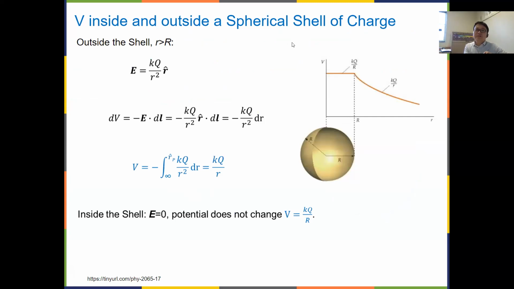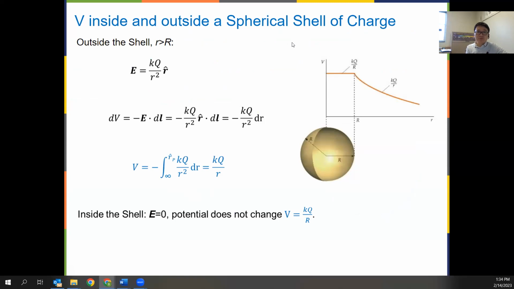So I think we have mentioned this in the previous example. If you have a spherical shell of charge, then E outside of the shell is KQ over R squared times R-hat in the radial direction.